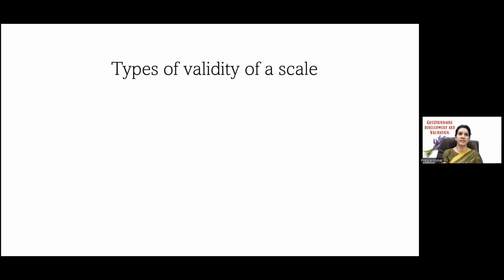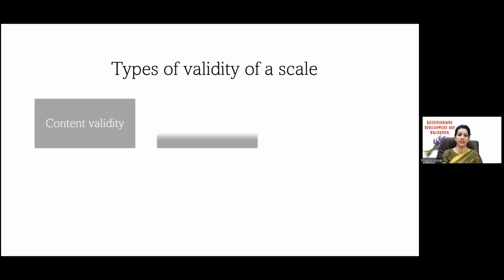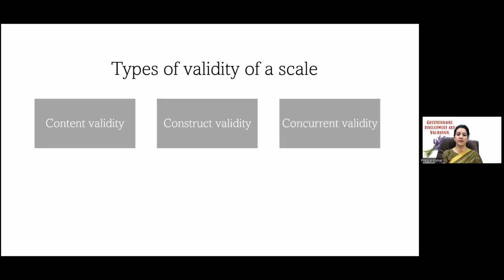So if we see the validity, basically there are three types of validity which we talk about. The first one is the content validity. The second one is the construct validity. And the third one we call the criterion validity. And one type of criterion validity is the concurrent validity.